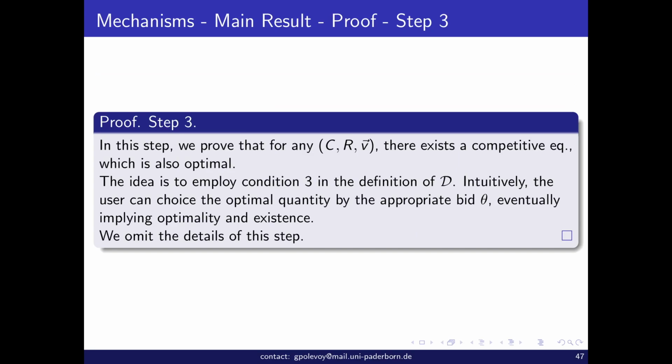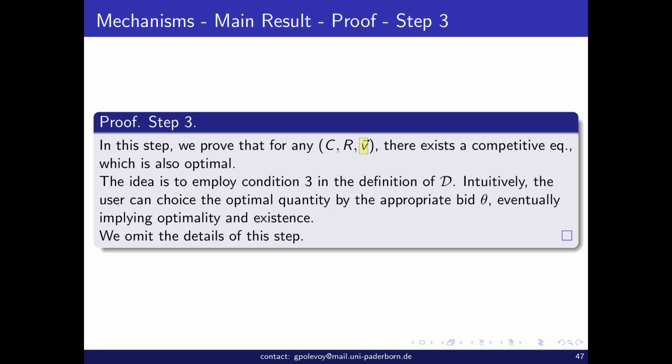Next, in this step, we prove that for any given capacity C, number of users, and the vector of utilities, I mean the vector of valuations, there exists a competitive equilibrium, which is also optimum. Now, I won't do it because it's quite technical. Even the book does not do it completely.